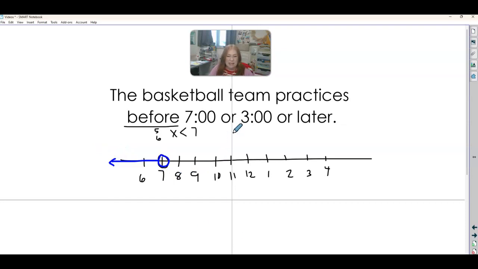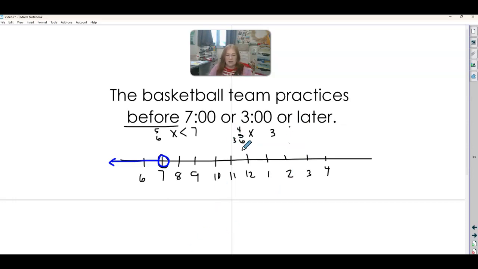So now let's look at this one here, 3 o'clock or later. So we have x compared to 3. So they could practice at 4, they could practice at 5, they could practice at 6. Can they practice at 3 o'clock? Yes, 3 o'clock or later. So these x's, sorry, I should have written the solution set next to the variable. So that goes over there. That'll make more sense.